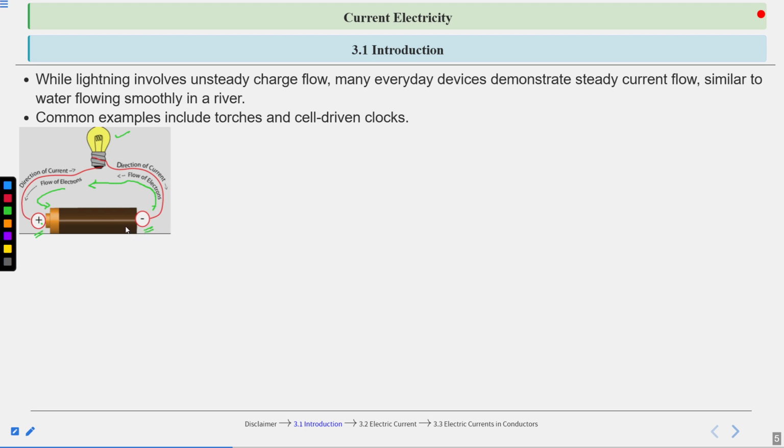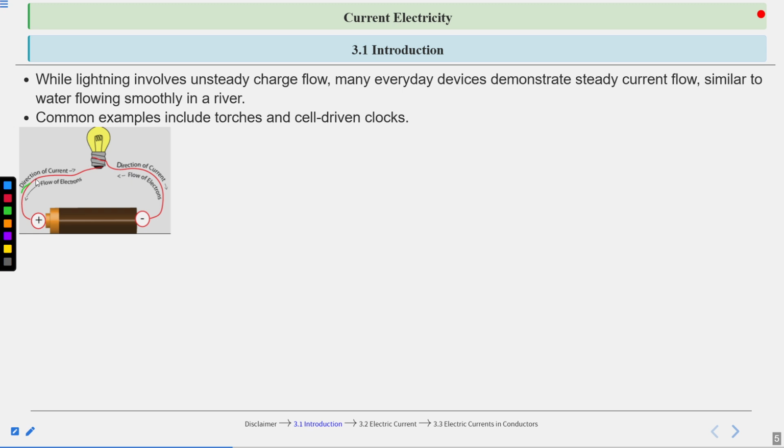Why? Because initially it was not known that electric current is due to the flow of electrons. So scientists and other people assumed that the direction of current is due to positive charges. So they assumed that the direction of current is from positive terminal to negative terminal. Afterwards, when it was discovered that current is due to the flow of electrons, the direction of current was still not changed.